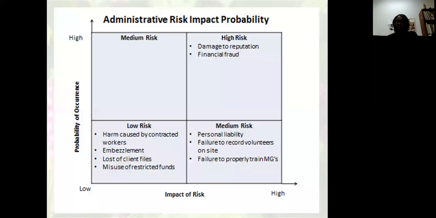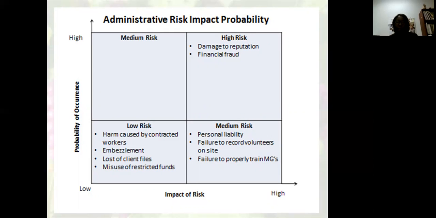Now let's talk about the administrative related risk. And so you see here we have damage to reputation again and financial fraud. So you can have some of these risks repeating themselves under the different areas of risk.